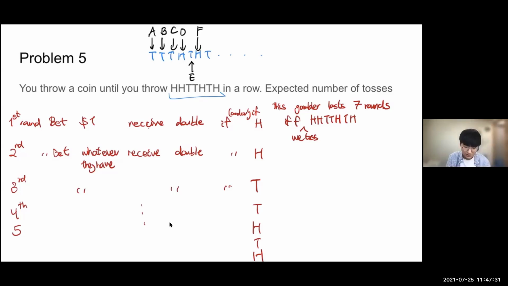So the point is that after you've thrown H, H, T, T, H, T, H in a row for the first time, the gamblers that started before this point will all have $0. But the gambler that started at this point will have 2 to the 7 dollars, which is 128. And the gamblers that started at these points will have none.